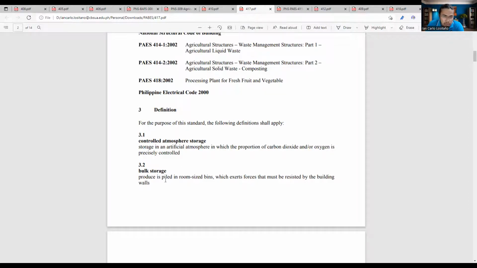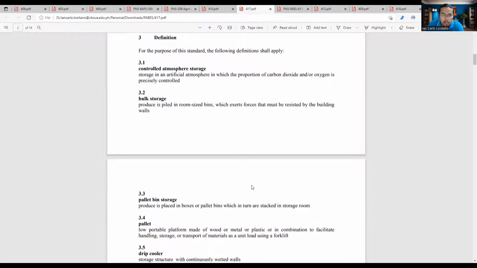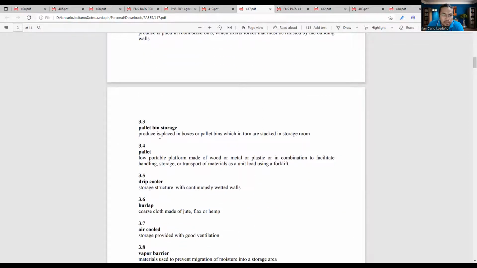For bulk storage, produce is piled in room-sized bins, which exerts forces that must be resisted by building walls. Pallet bin storage: produce is placed in boxes or pallet bins, which in turn are stacked in a storage room. The pallet is where the boxes of these materials are placed to elevate them from the ground. It could be made of wood, plastic, or metal, or a combination thereof.